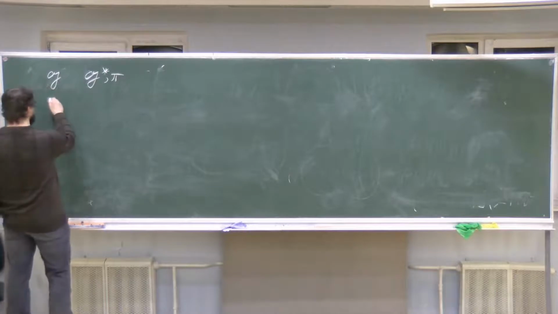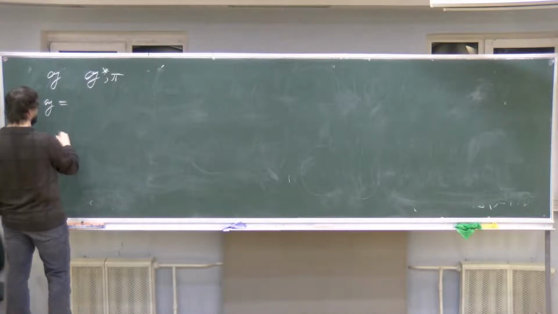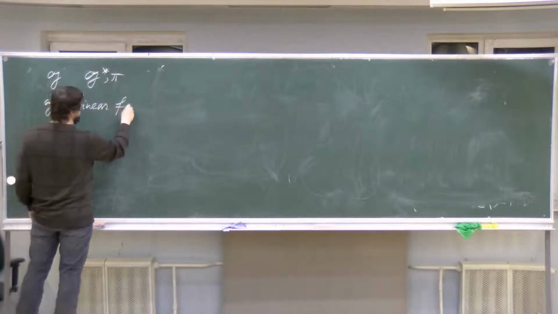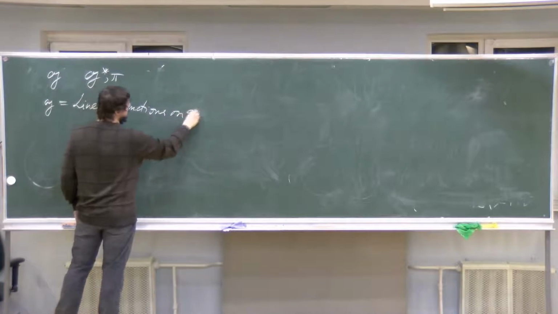Or more accurately, elements of G are going to be regarded as linear functions on G star by duality.